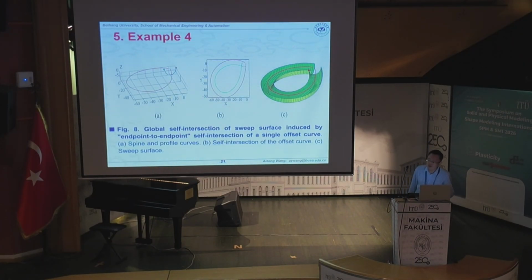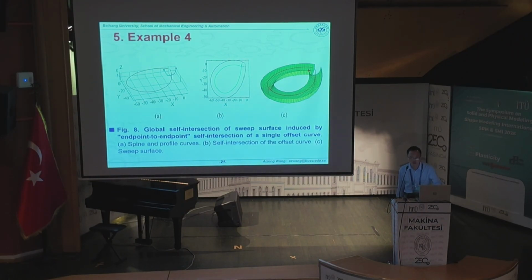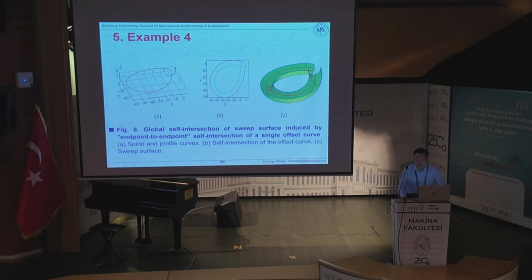This example shows the global self-intersection in a spatial surface, which is caused by underpod self-intersection of offset curves. As shown in figure A, the red span curve is a cubic B-spline. Figure B shows the green offset curve corresponding to the sine point with the offset distance corresponding to the minimum projection distance on the profile. In figure C, the red point marks a global self-intersection.